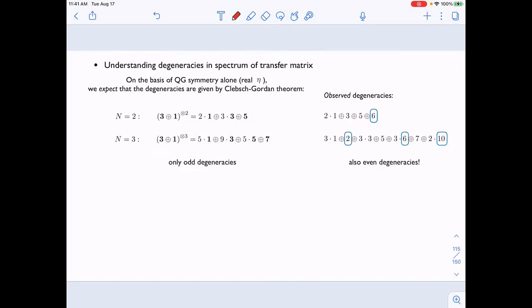And if you stare at this, you can begin to understand maybe where they come from, because what happens is that two of these threes become a 6. So the two triplets become degenerate, they become a 6. And here, say, two of these 5s become degenerate, actually 10, and then another pair of 5s gives another 10, and so on. So it suggests that it's due to some kind of discrete symmetry, and that's in fact so.